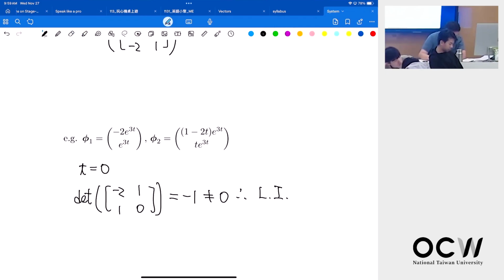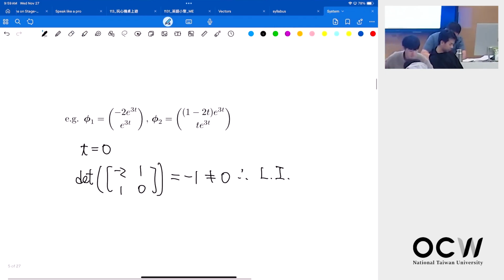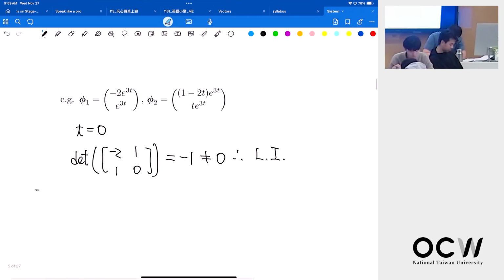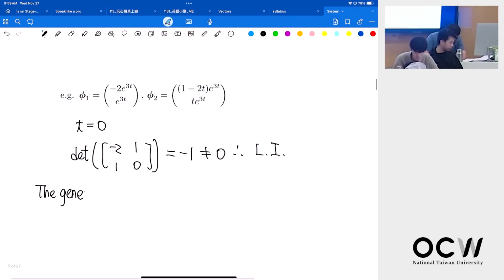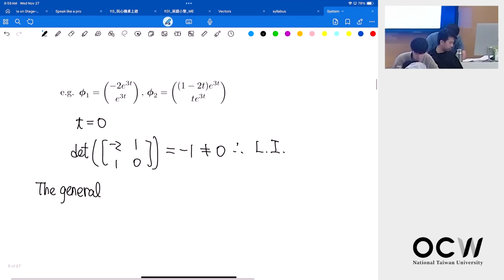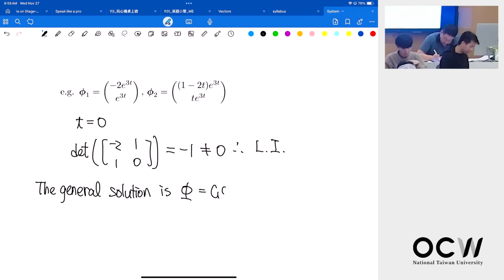Since they are linearly independent, we can write a general solution. Suppose you found the fundamental solutions phi 1 and phi 2, and they are linearly independent. Then you can write the general solution phi is C1 phi 1 plus C2 phi 2.